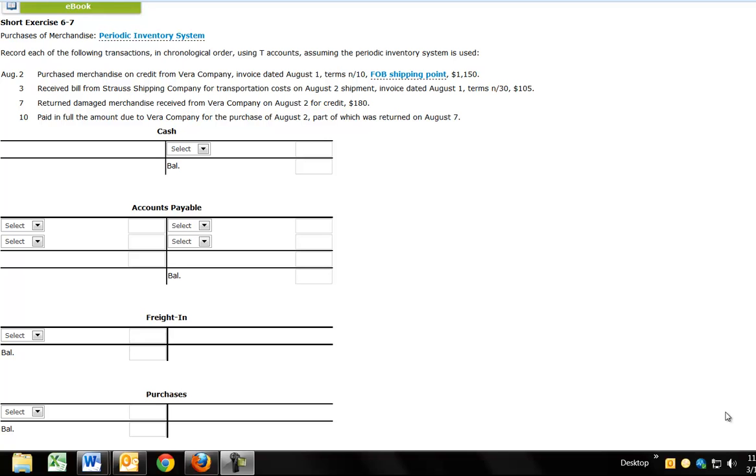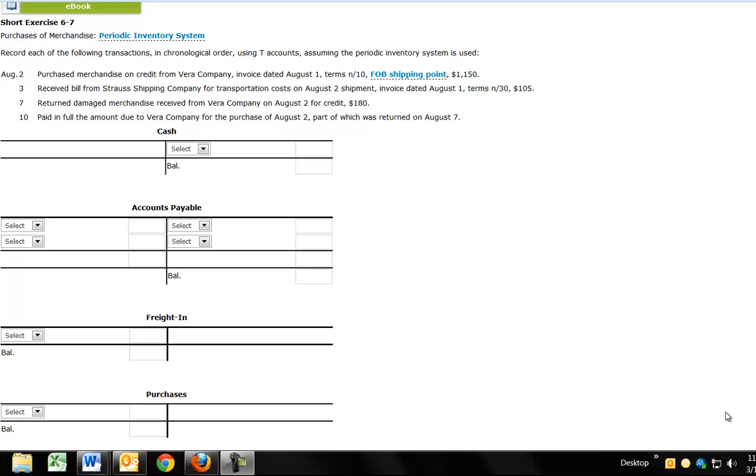And FOB shipping point says that the buyer is responsible for shipping cost, because the shipping point is the point where the ownership of the merchandise changes hands, and whoever owns the merchandise bears the shipping cost. So as soon as it's shipped the ownership changes hands, that means the buyer owns the merchandise and therefore will pay for the shipping costs.